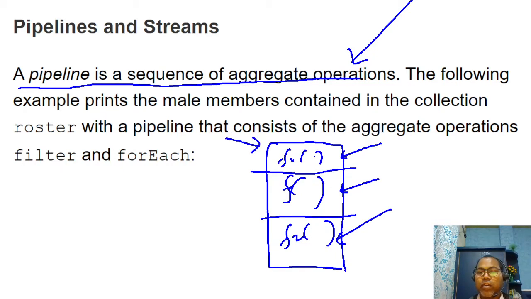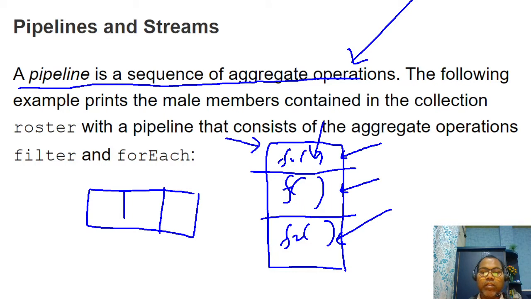But these functions need data elements on which to perform, and those come from a sequence of elements. The sequence of elements is your stream. The stream provides data to your sequence of functions, and a stream is not a data structure.